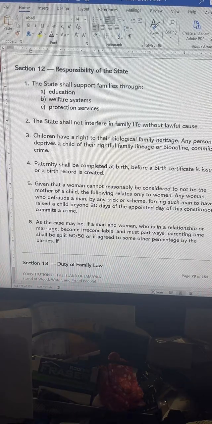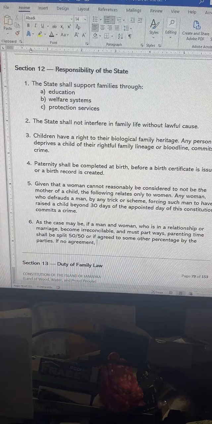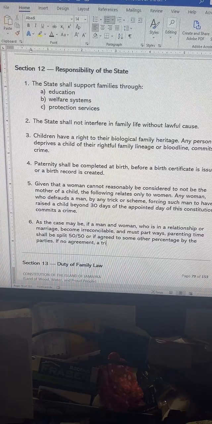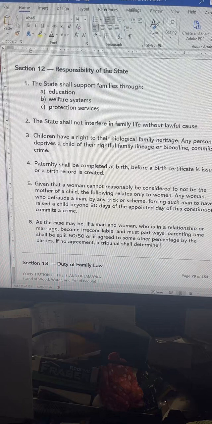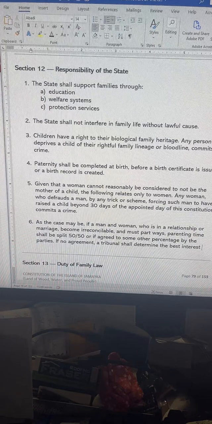If no agreement, a tribunal shall determine the best interests of the child.